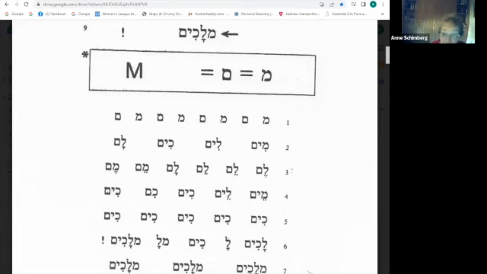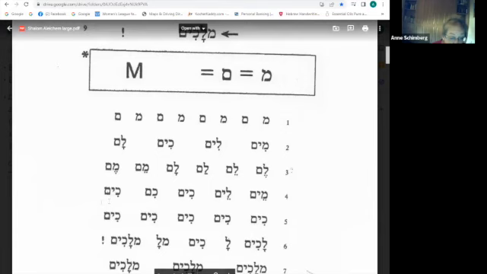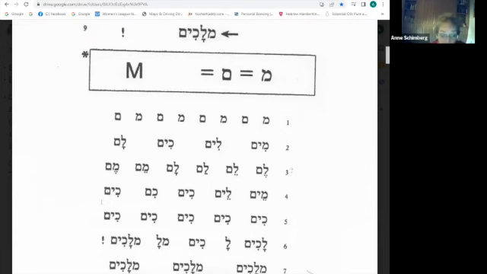It's the sound of that vowel. And then if you have a final mem, you have to hear that final sound. As he showed up above, it's still that double E sound.